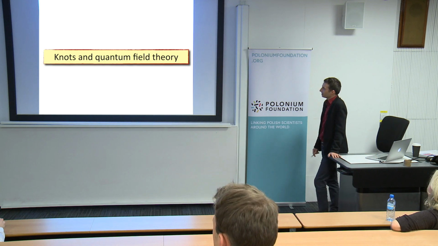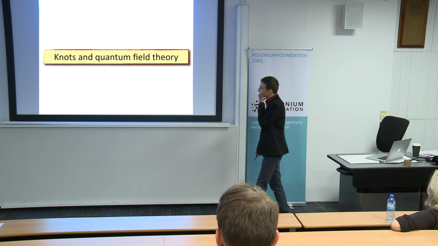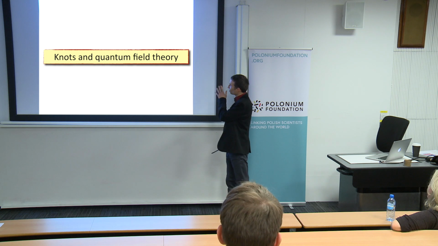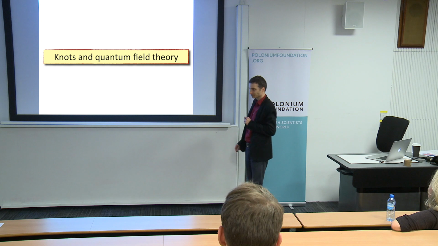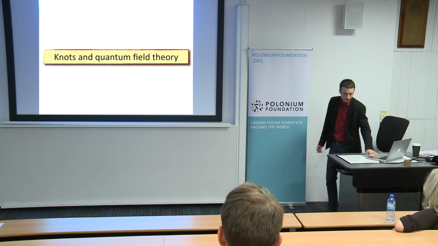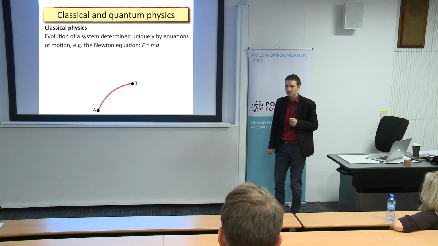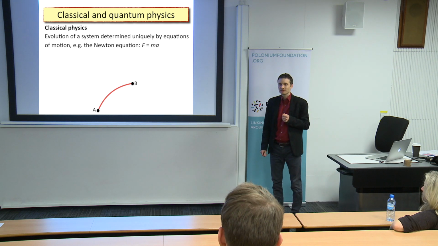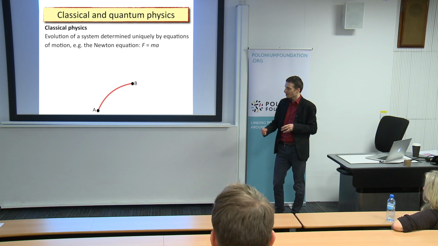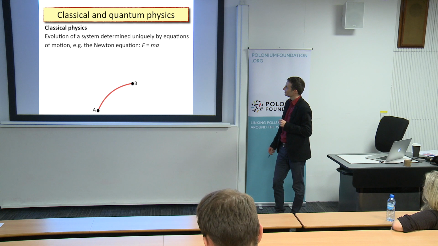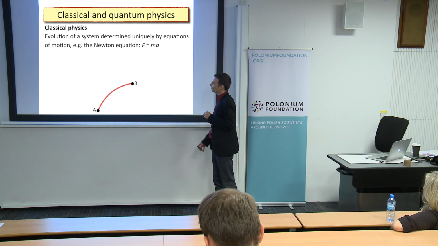After this kind of introduction, I'd like now to focus and tell you a few words about this relation to quantum field theory and quantum physics. So first of all, I don't know how many of you are physicists, but even if you are not, you might have heard of so-called classical physics, and probably you might have heard of the statement that in classical physics, all events seem to be deterministic.